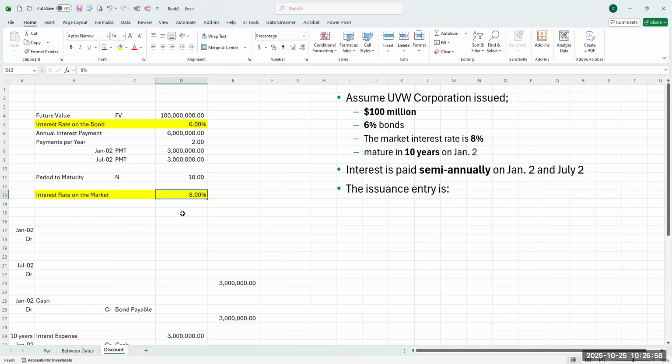No. So if the market pays more and I'm paying less, I have to give you a discount. Do you understand this?